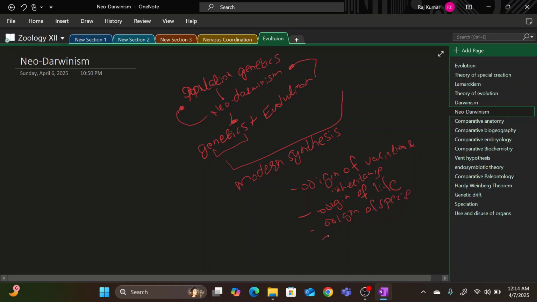It basically does this at the individual level at first, and then at the population level.